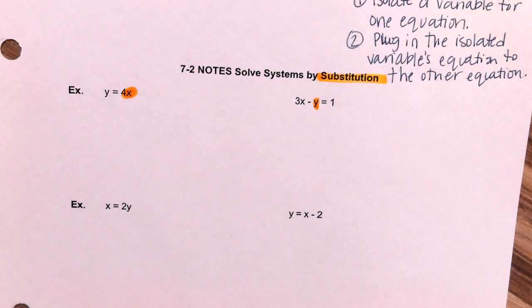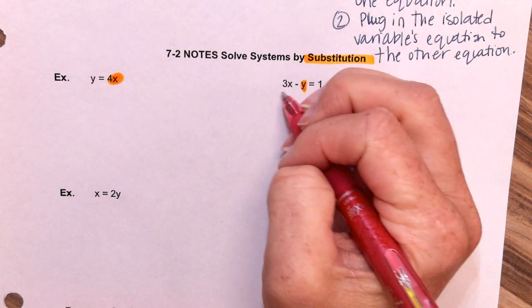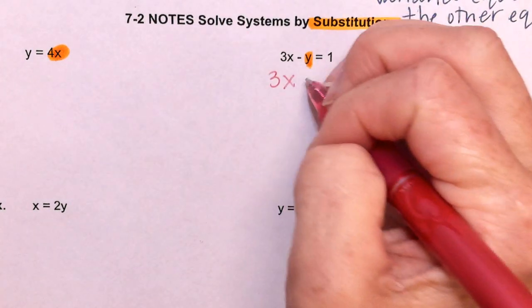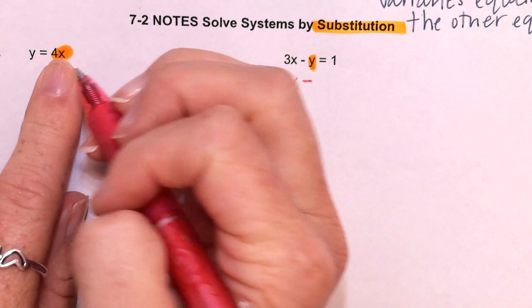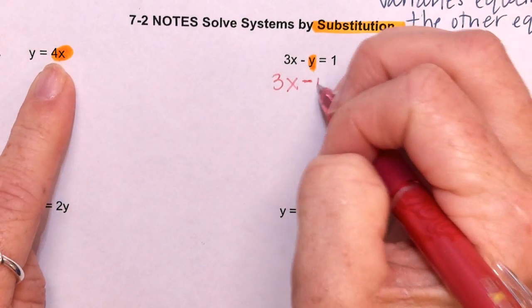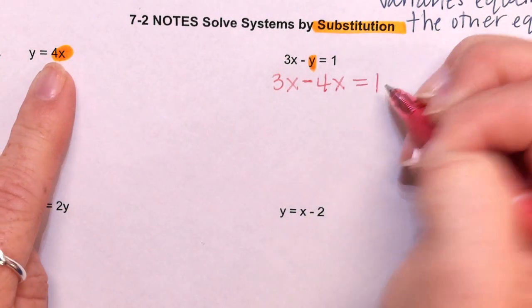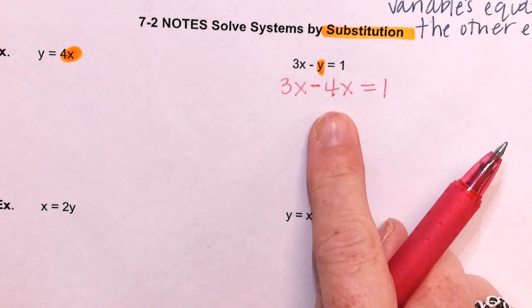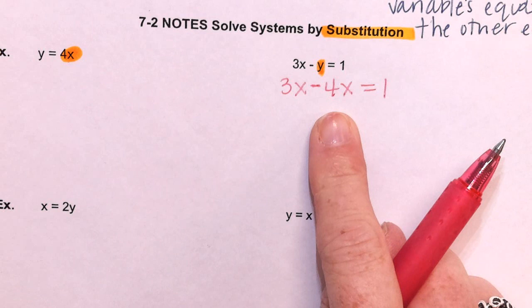So we're going to go do that. So over here, I'm going to say 3x minus, and I'm going to plug in what they told me y is. What is y? 4x. Equals 1. Now I want y'all to think about this. Do I now have an equation with only one variable? Yes. Can I solve for x?